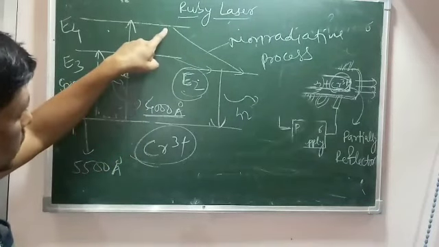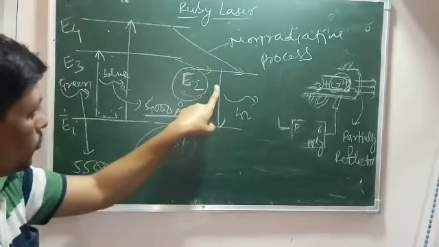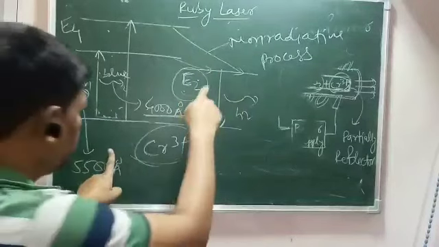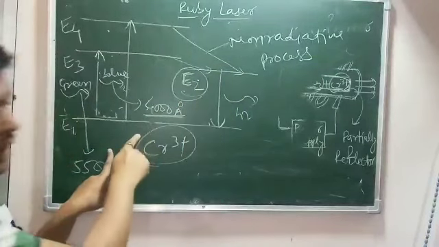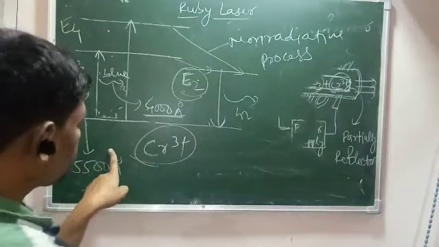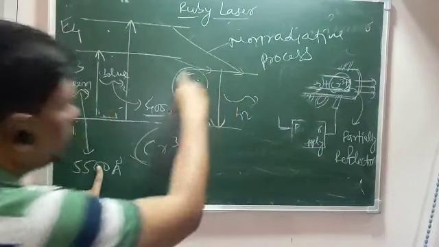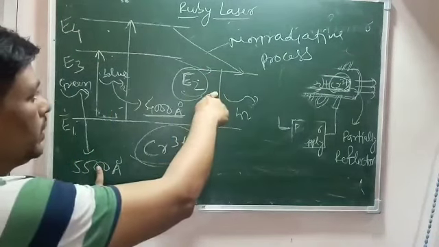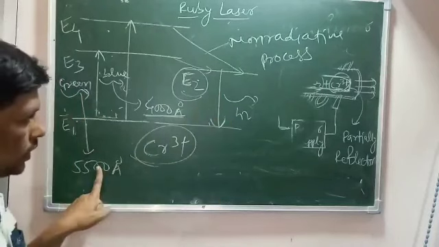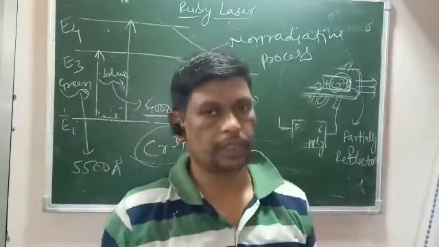So the particles quickly come to the E2 state, and once the density of particles in E2 is much greater than in E1, the population inversion condition can be achieved. At that time, when the concentration of particles is high, there are three possibilities.